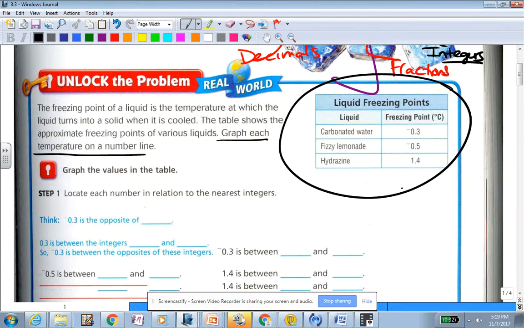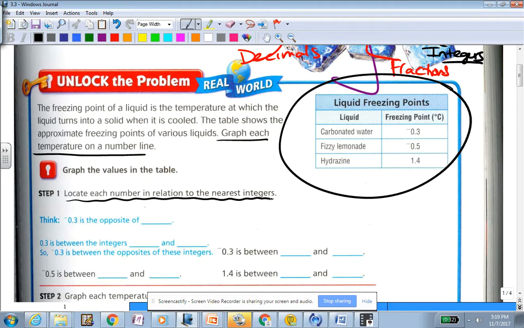Step 1, they want us to locate each number in relation to the nearest integers. That seems like we're kind of estimating, which is absolutely fine to do. Well, -3/10 is the opposite of +3/10, and +3/10 is between the integers 0 and 1. So that means -3/10 is going to be between 0 and -1.